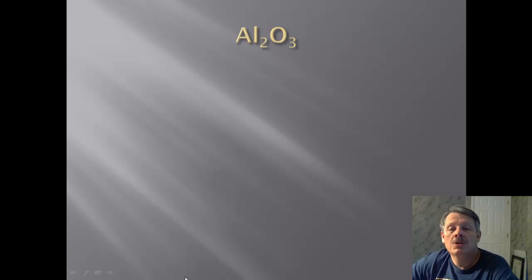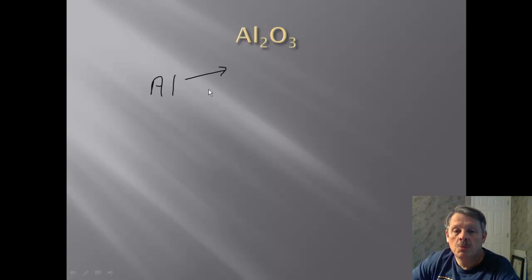Why don't you pause the video and see if you can figure out why that's Al2O3. All right? Well, aluminum has 3 electrons. And we've done this in a video before, but aluminum is losing 3 electrons. Oxygen will accept 2 electrons.